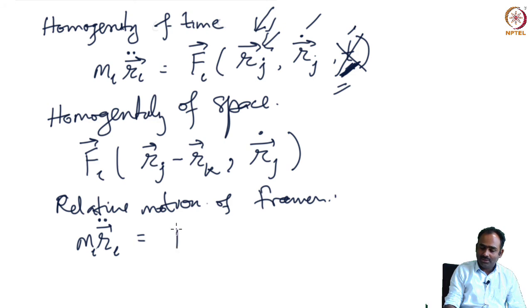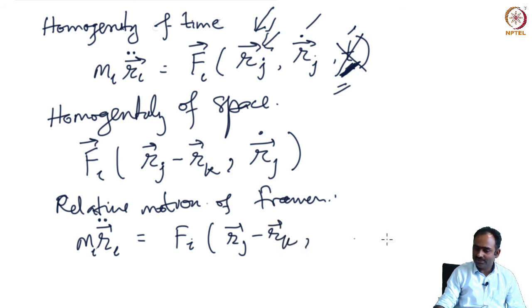Now already you had Rj minus Rk from the homogeneity of space, time was already gone.